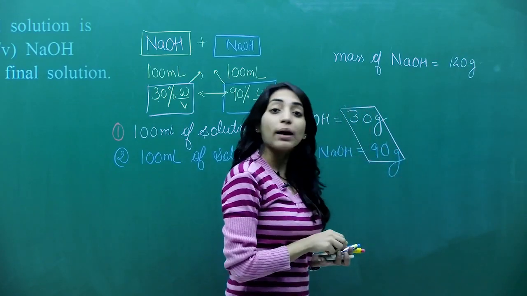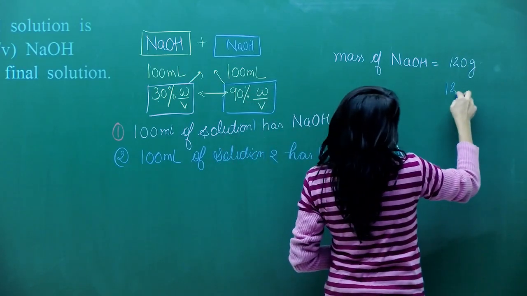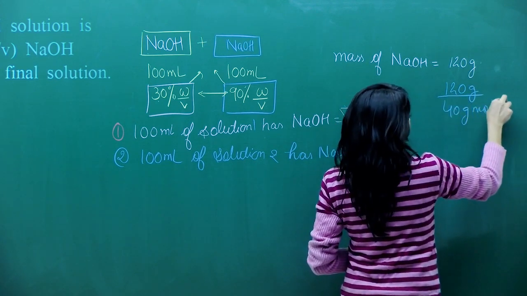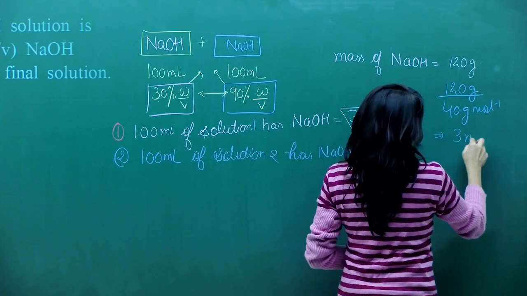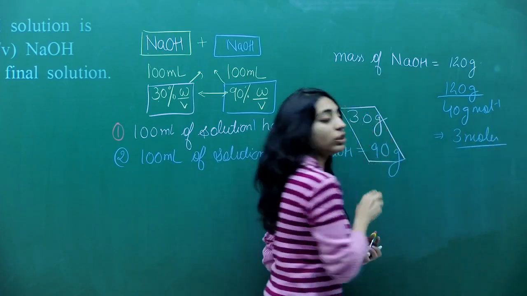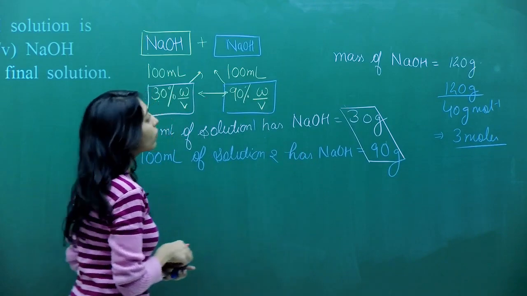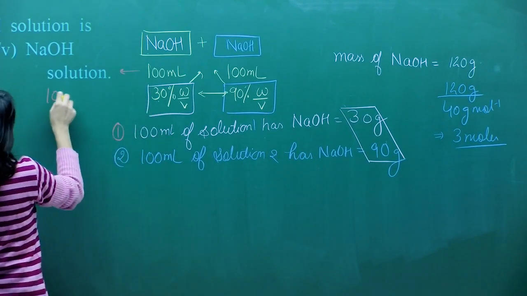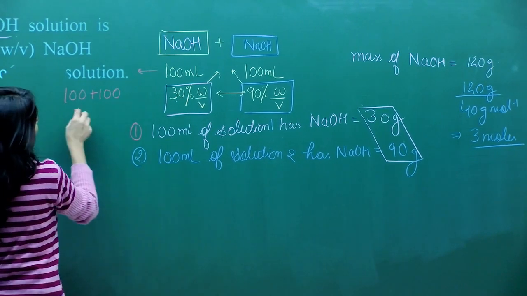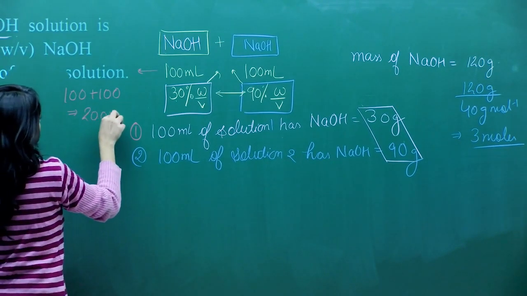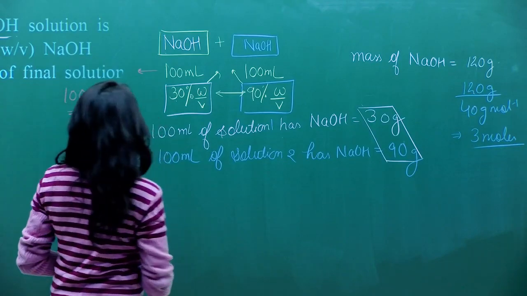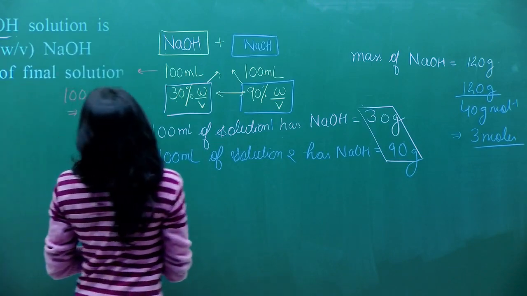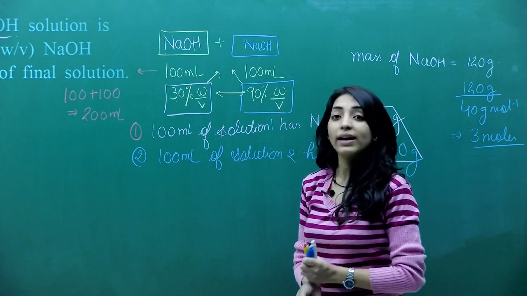Am I right? So the number of moles will be 120 grams divided by 40 grams per mole, which is 3 moles. Now what will be the final volume of the solution? Final volume will be 100 plus 100, which is 200 ml, right? And I need to find the molarity of the final solution.